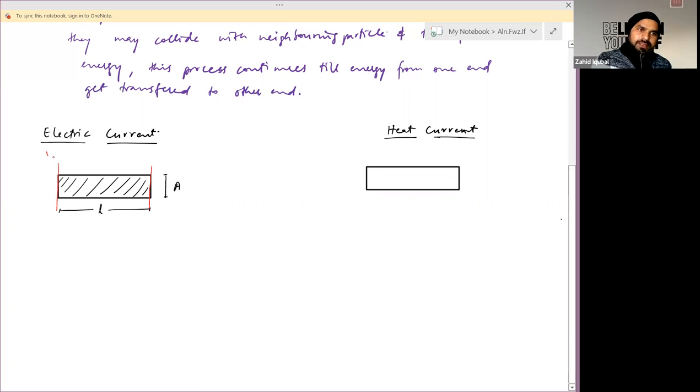It means we require some potential difference across its ends to flow charge through this conductor.